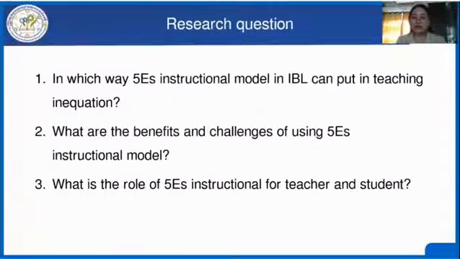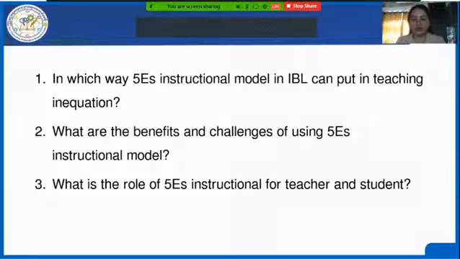To answer those research objectives, I have three research questions. First, in which way can the 5E instructional model in inquiry-based learning be put into teaching inequations? Second, what are the benefits and challenges of using the 5E instructional model? And third, what is the role of the 5E instructional model for teachers and students?